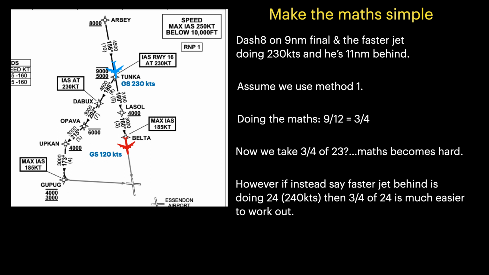Try to make the maths easier. The fractions I use are either whole numbers, or quarter, half, or 3/4. Don't be looking at 2/5 or 7/8 or fractions like that. Try to look for easier fractions so you can work it out in your head.